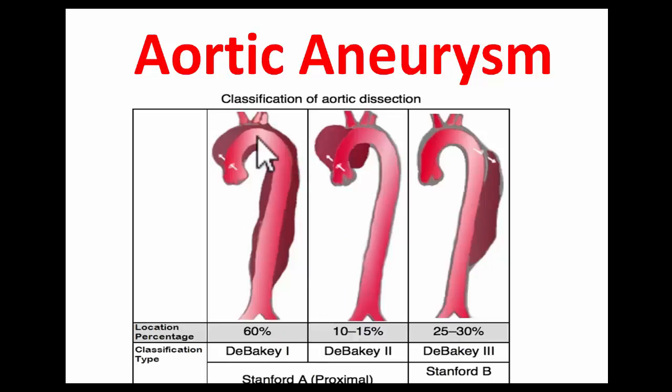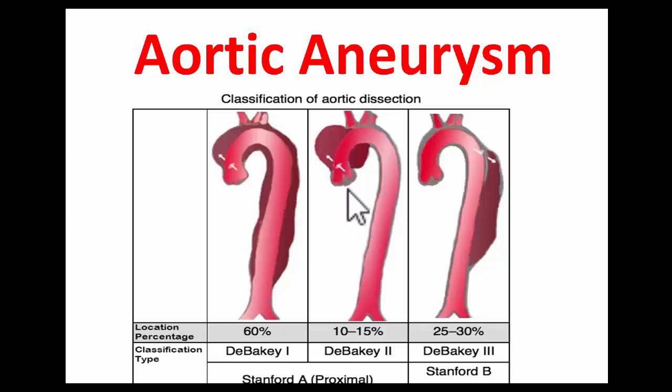If the dissection involves the ascending aorta, the arch, and the thoracic aorta, it is known as DeBakey class 1, which is the most common one, occurring in more than 60% of patients with aortic dissection. The second, less common one, involves just the ascending aorta.